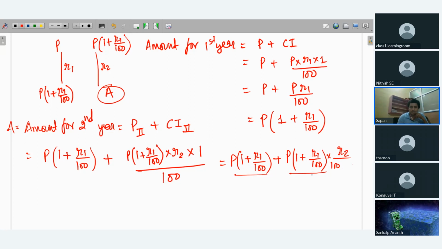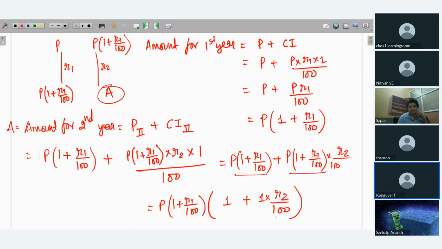I will take common principal into 1 plus R1 by 100. What we will have in this place is 1 plus 1 into R2 by 100. Sir, how did divided by 100 become R2 by 100?